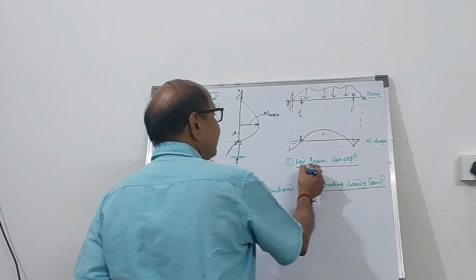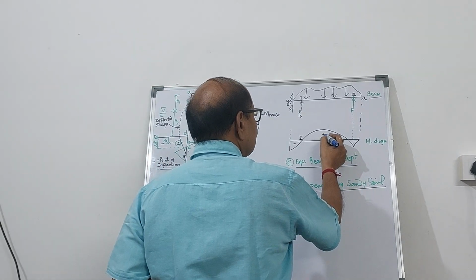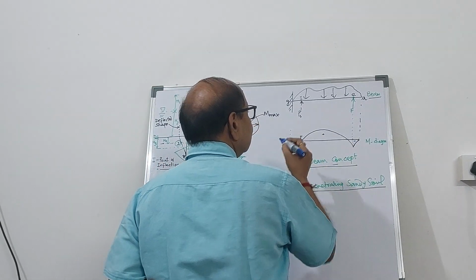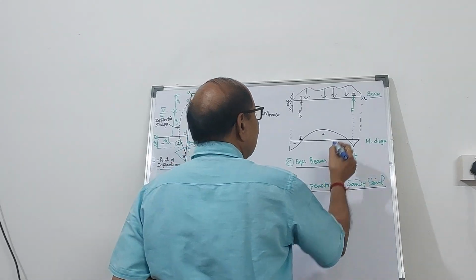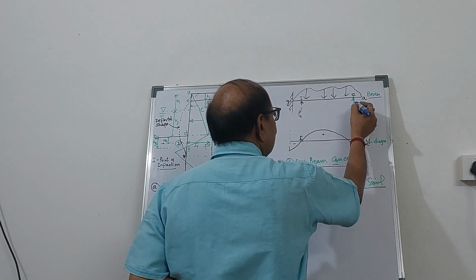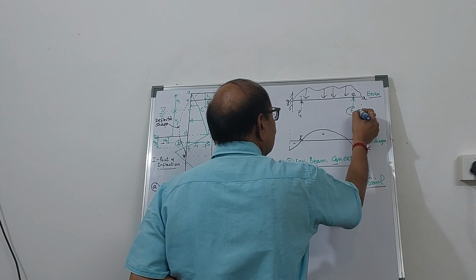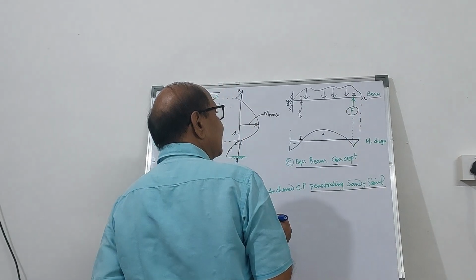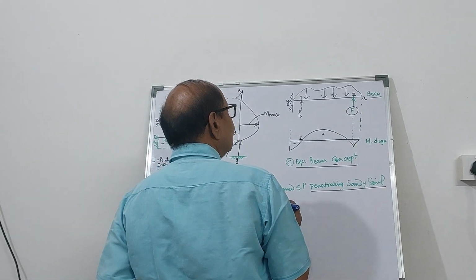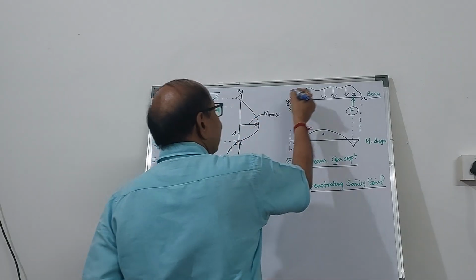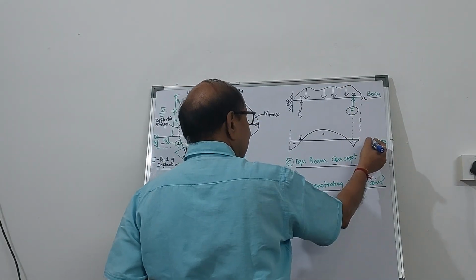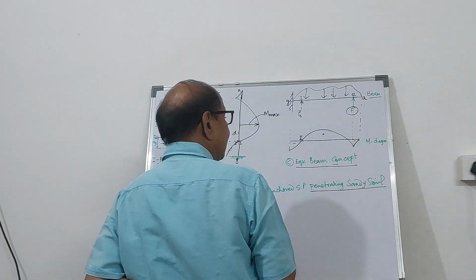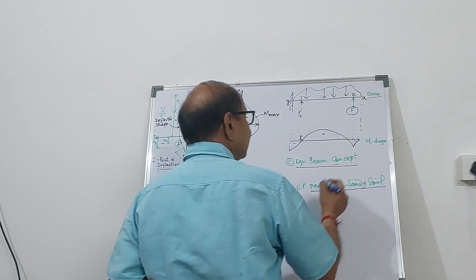So this is the equivalent beam concept. This is positive, this is negative, this is going to be negative, and here this is the force in the anchor rod. So for this kind of loading, this will be the bending moment diagram.